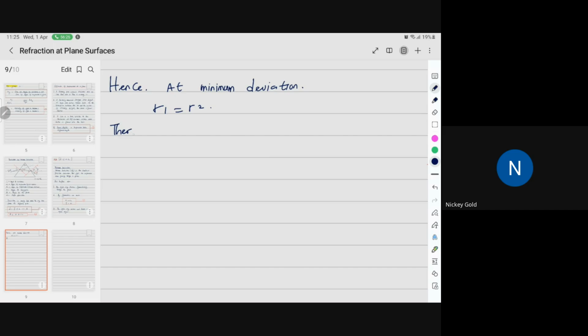Therefore, if you have that, you can have something like R1 equal R2 equal A over 2. Let me not do this so I can show you something. Now, if R1 is equal to R2, okay, let's start from here. I don't want to confuse anybody, step by step.